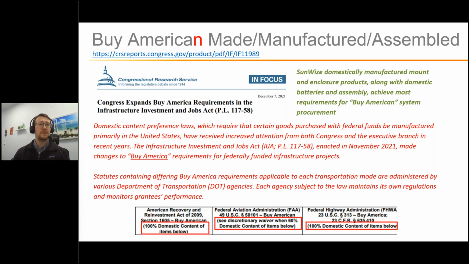And so to at least be aware of what some of the nomenclature and terminology is, I believe can be very helpful and important. So just as an example, you'll perhaps notice the red N on the Buy American title. That is not a typo.